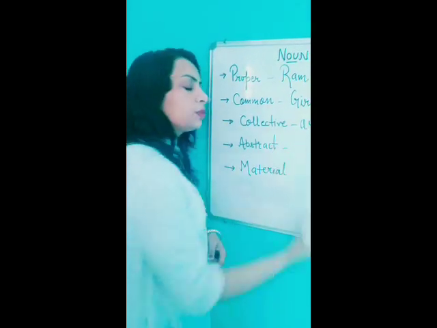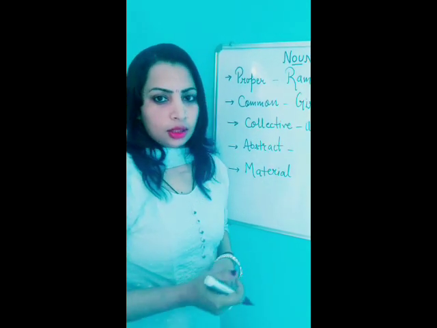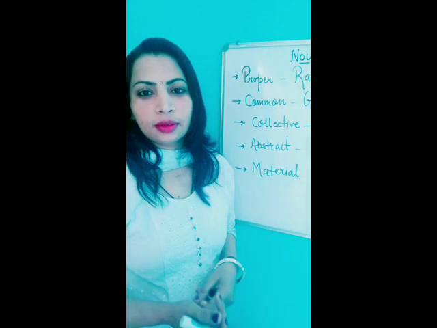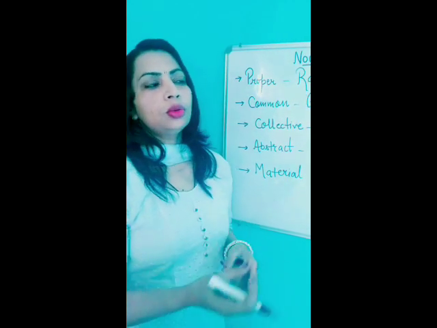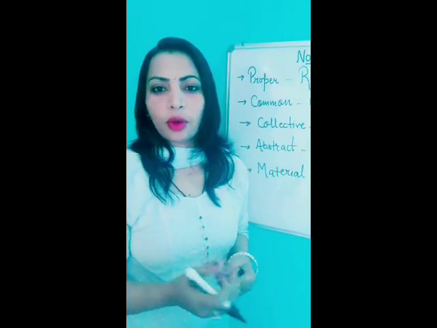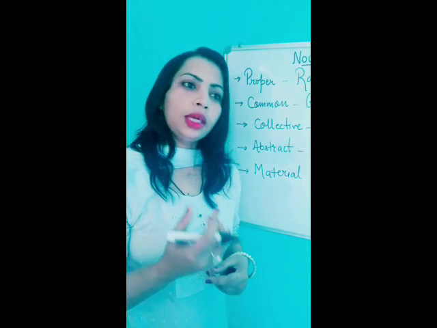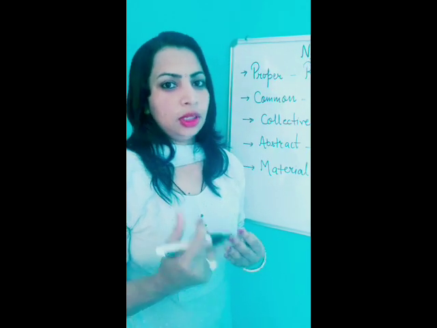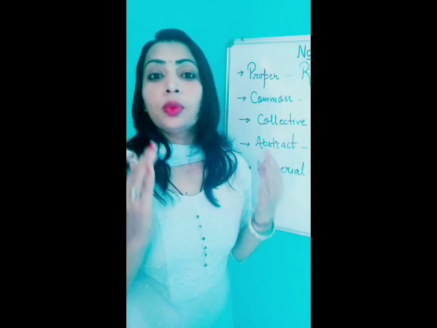Now move to abstract noun. Now what is abstract noun? Abstract noun is abstract, not visible. It refers to some quality or state of being. Like we can see someone's honesty. We can feel someone's honesty, but actually it's not visible.